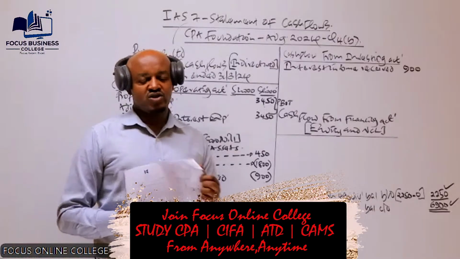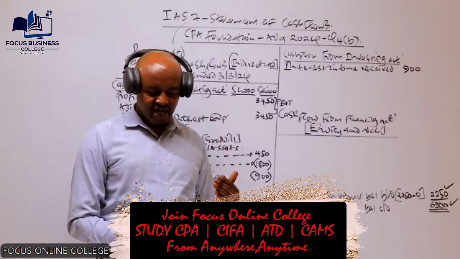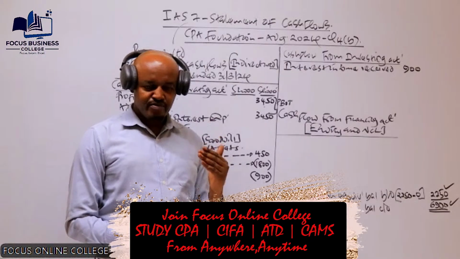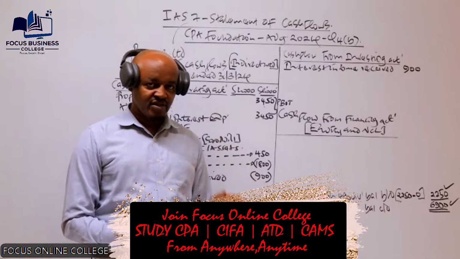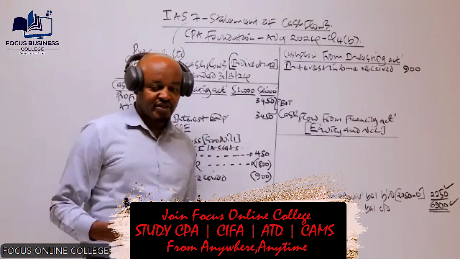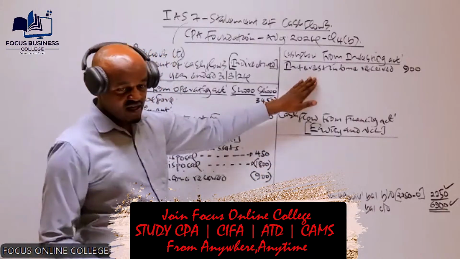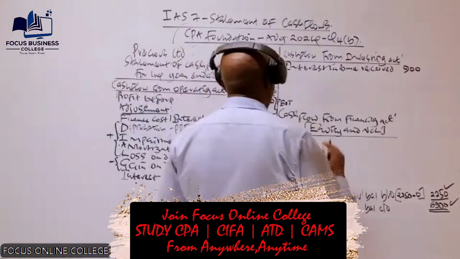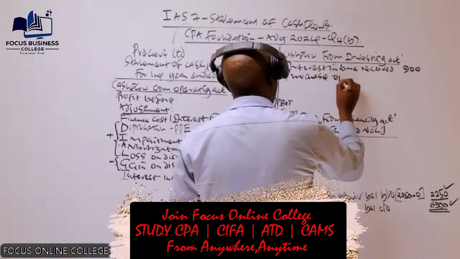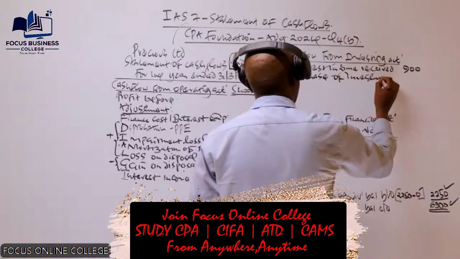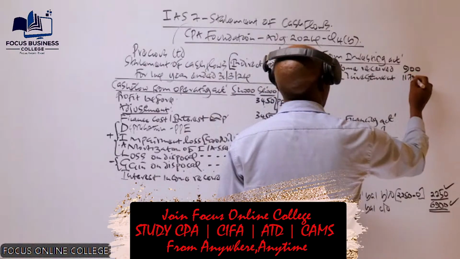That's why if we go back to our statement of financial position, specifically the non-current assets, we have the property, plant, and equipment, accumulated depreciation, and below that, investment. Those activities which involve acquiring and disposing of assets are investing activities. So that purchase of investment, you record it here. The investment purchased was 11.7.